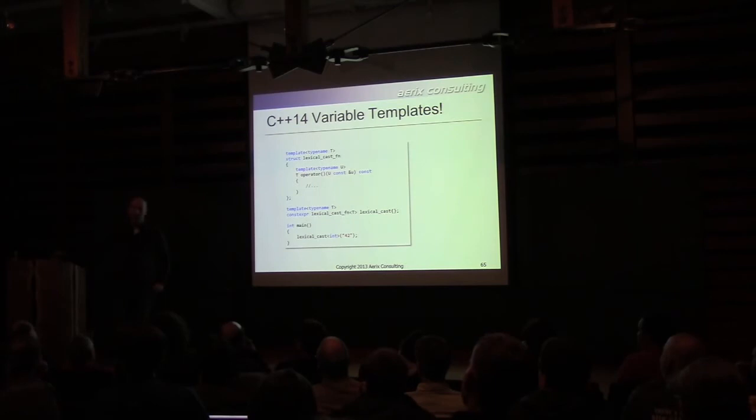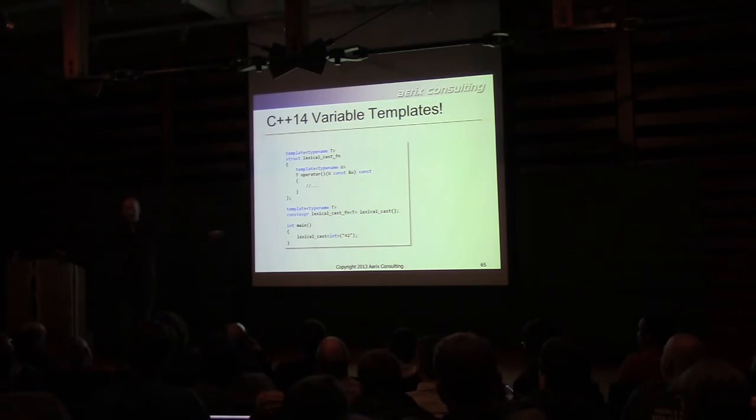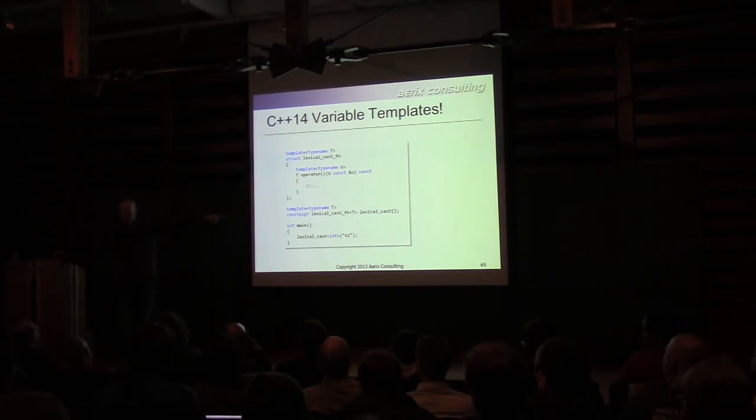And for those not speaking the official lingo, ODR is the one definition rule, which means that if there is a function that takes the address of this object and does something with it, different translation units will see different addresses for it.